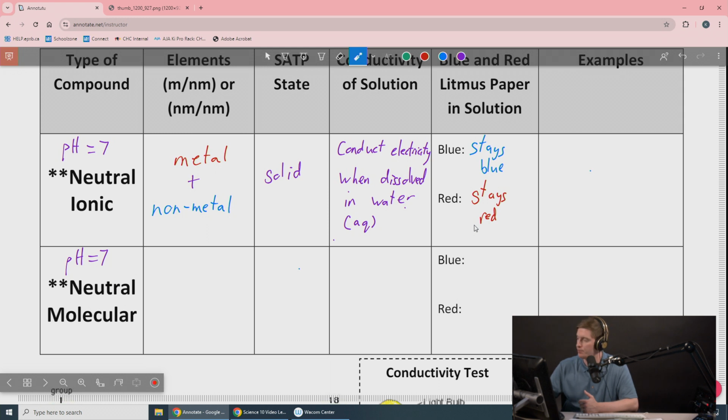An example of one of these would be a sodium chloride compound. It's going to be solid, so we can give it the little S. The sodium here is our metal, and the chloride here is our non-metal.